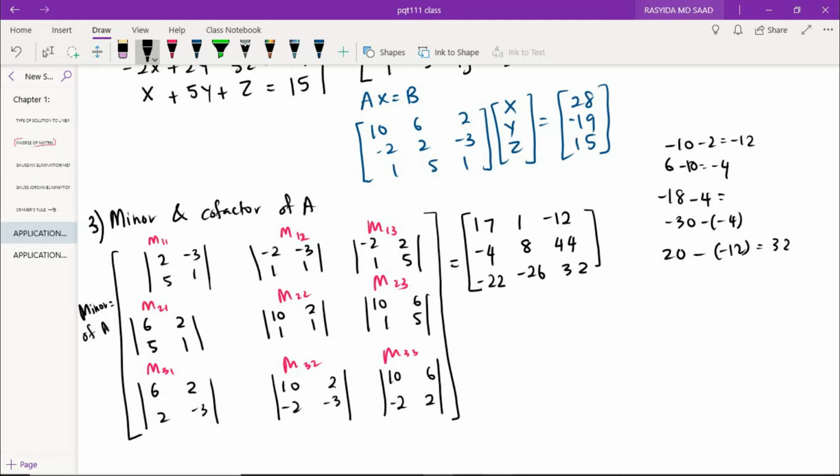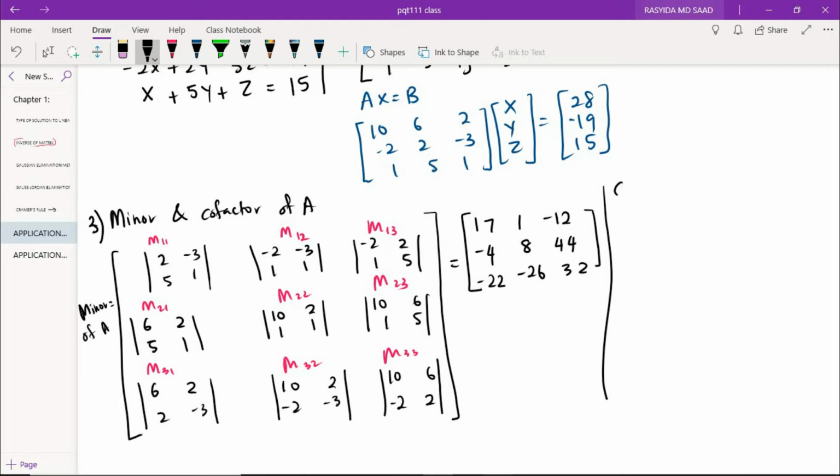And then this is our minor, so we need to find the cofactor. As the fourth step, the minor of A, and then we try to find the cofactor of matrix A. I will use the formula which is plus minus plus minus plus minus.